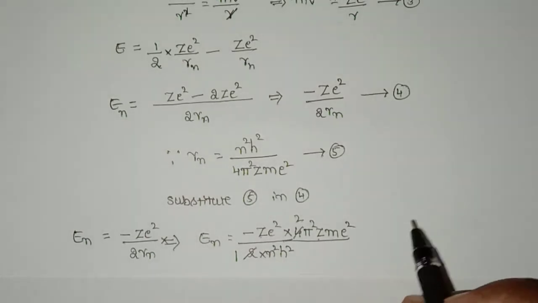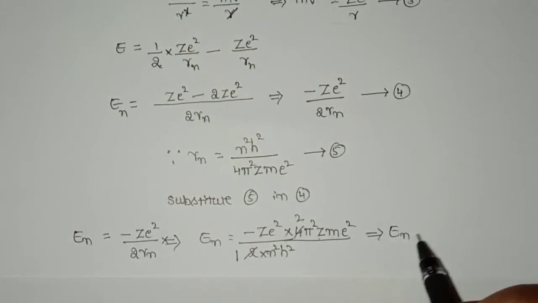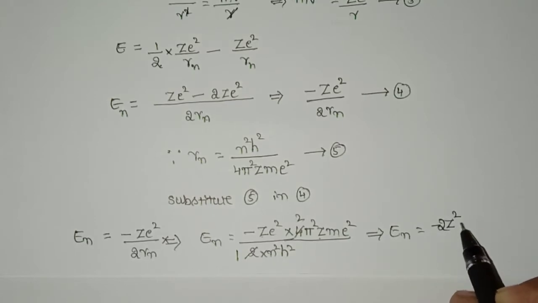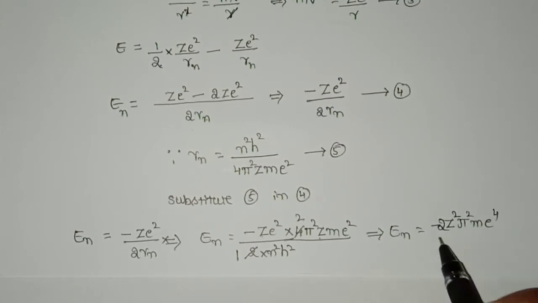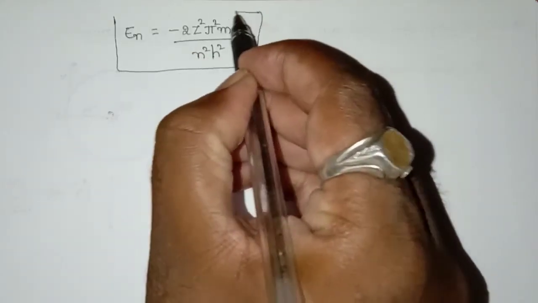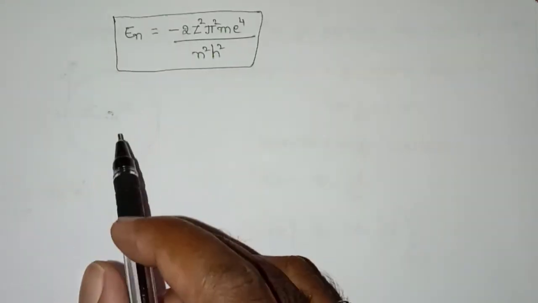So as a whole, the equation will finally turn to En is equal to minus 2Z²π²me⁴ whole divided by n²h². So this is the finalized expression that we can give for energy of an electron in the nth orbit.